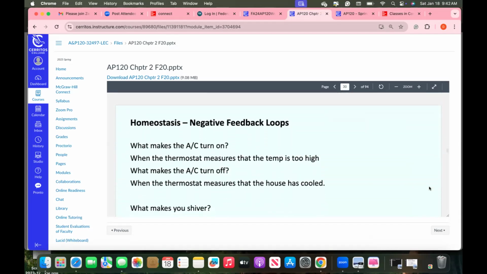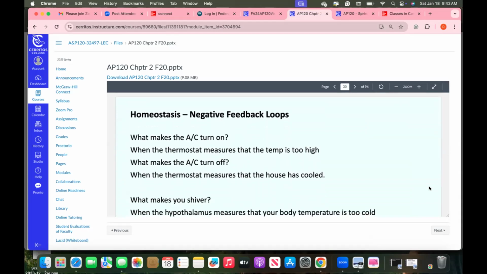Homeostasis, negative feedback loops. Okay. So what she's doing here is giving you an example of a negative feedback loop. You've got the air conditioning heating system, right? And it's controlled by your thermostat.